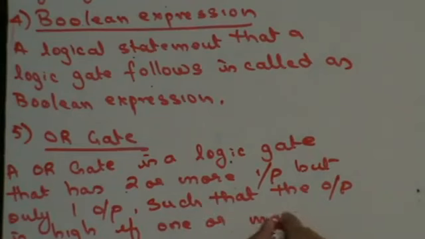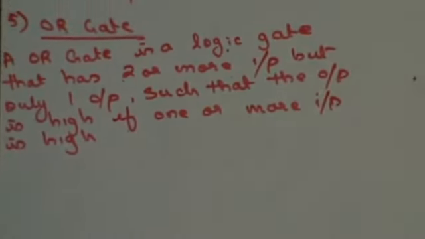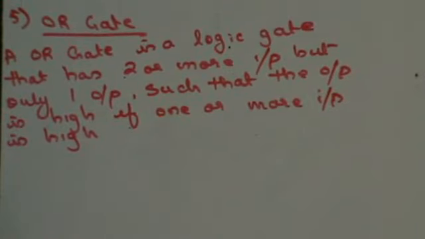That's what an OR gate is, right? Now, it is called an OR gate because its output is high if one or more inputs is high.